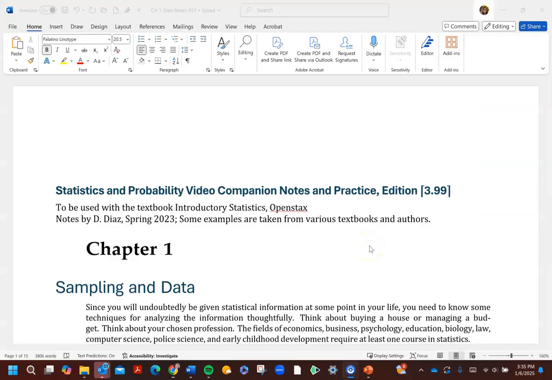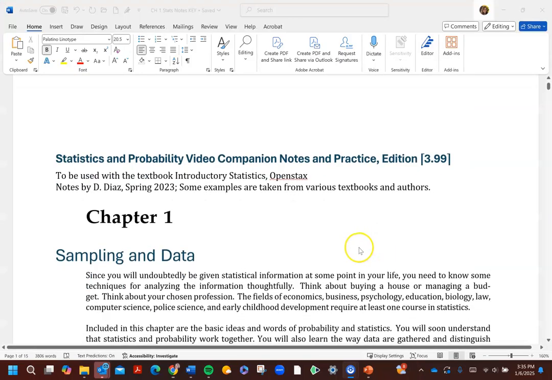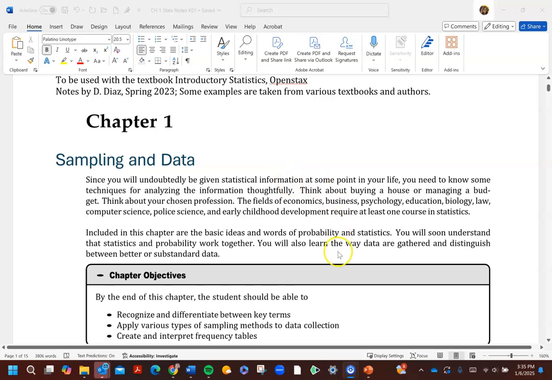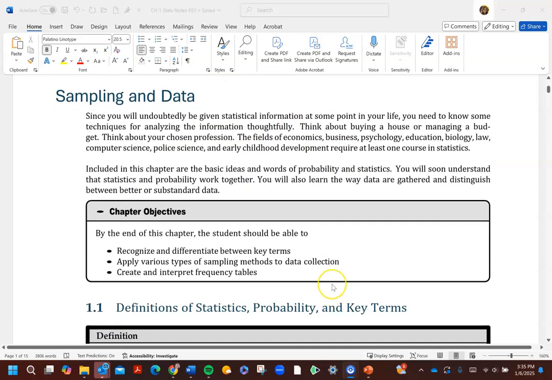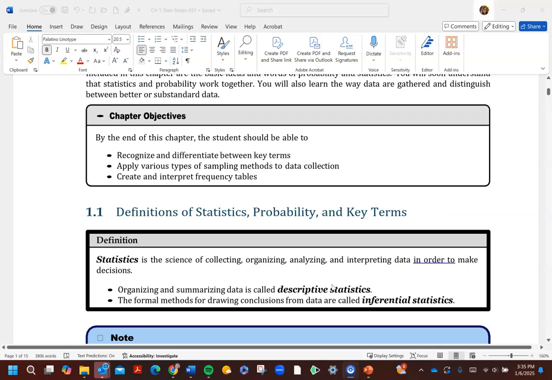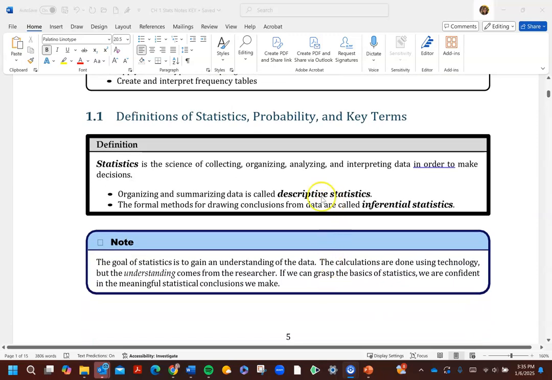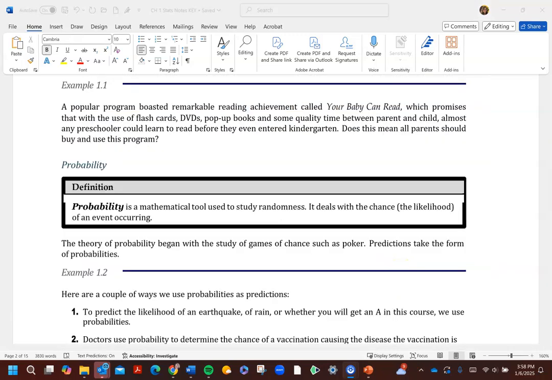So now I'm going to take a look at our workbook here, and the definitions are here for you. There's a little intro you can read through on your own. We're talking about key terms. Descriptive statistics are just organizing, summarizing, displaying data, and drawing conclusions is inferential.